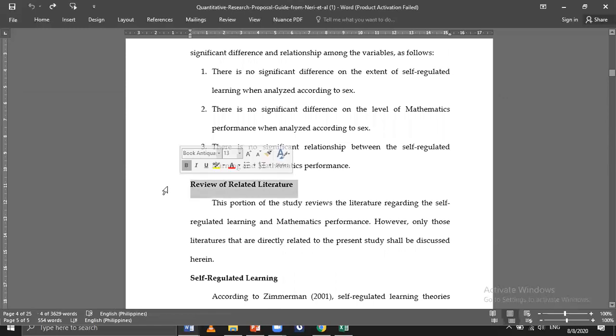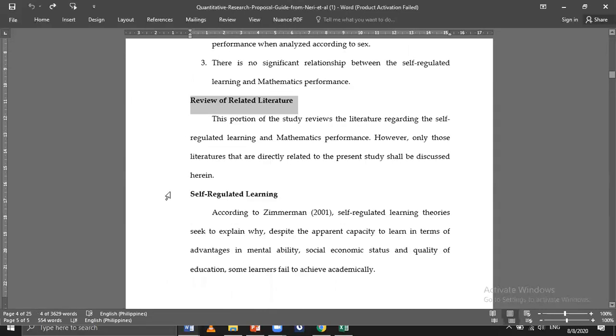Next, the review of related literature. Before you put all the related studies, literature, concepts, and theories that you found on the internet, which are directly or indirectly related and connected to your research, you have to first group or categorize them by major topics.